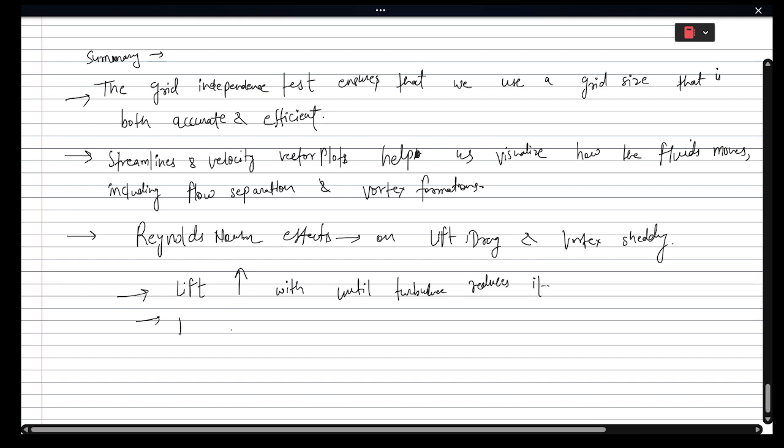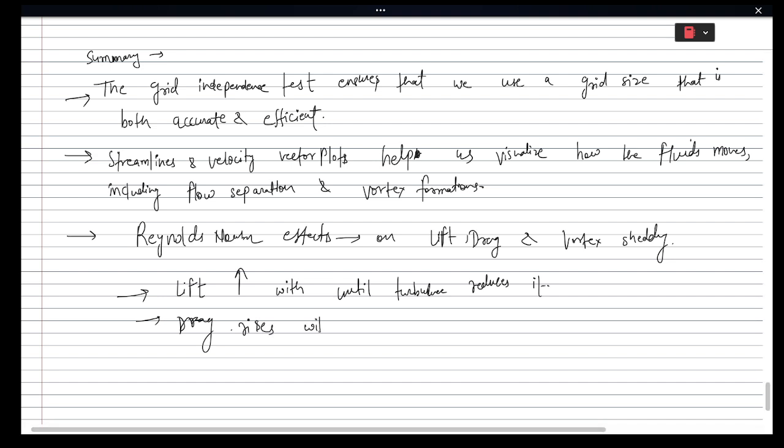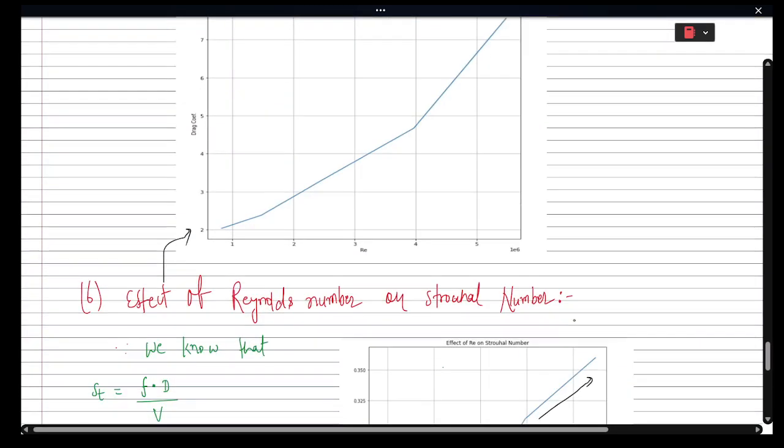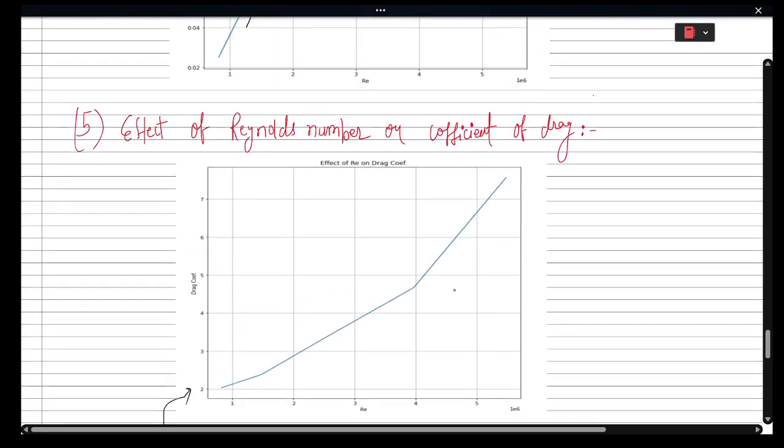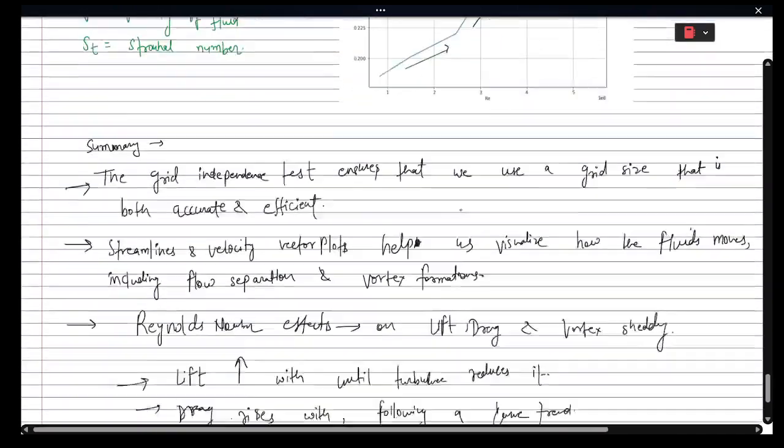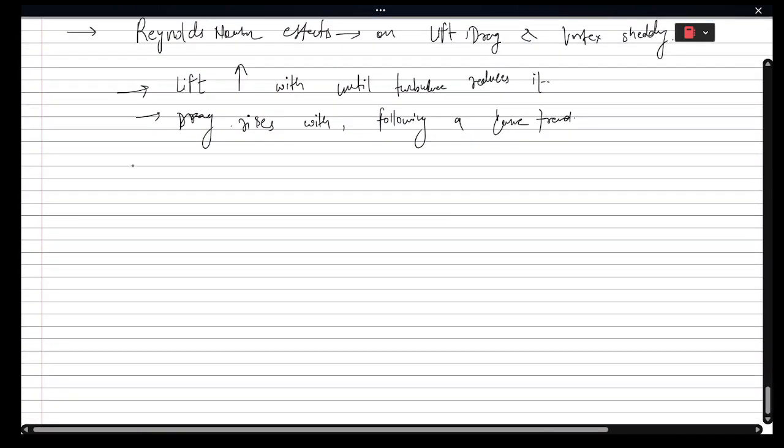Second, drag rises with Re, following a curved trend. And lastly, the Strouhal number increases with Re, showing changes in vortex shedding frequency.